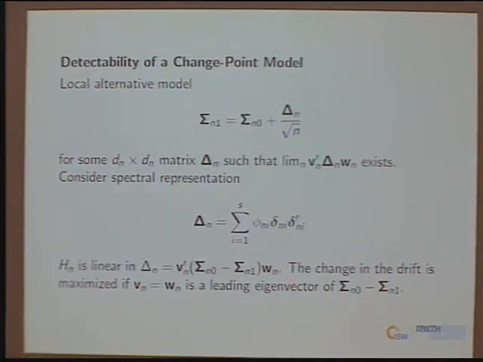For example, if we look at a change point model of this type, so delta n is the difference, and suppose that this converges, so here the rate of convergence is 1 over square root of n. Suppose also that the limit of this bilinear form exists, and if you write down the spectral representation of delta n, the difference between the covariance matrices, then of course it is clear that the change in the drift is maximized if we select the weighting vectors as leading eigenvectors of the difference of the covariance matrices.